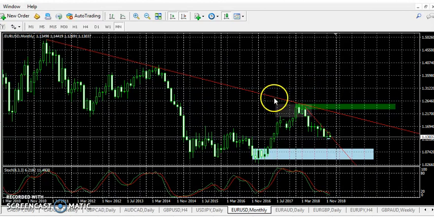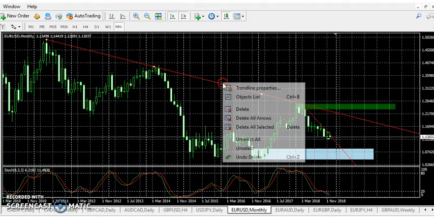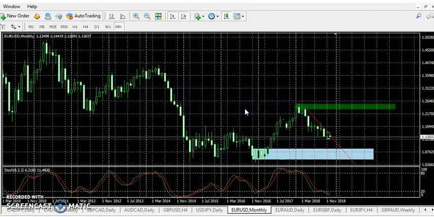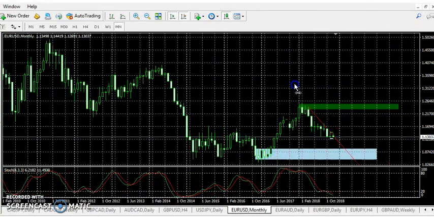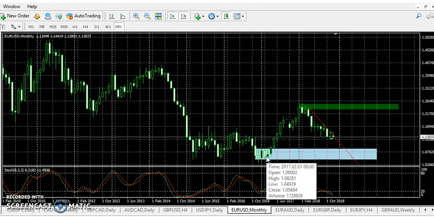multiple times. So let's remove this and get into this area, which is most relevant to us at this moment in time on the monthly. We can see that we had a demand level here, a weak demand level.